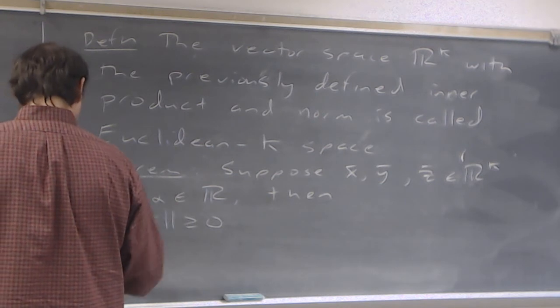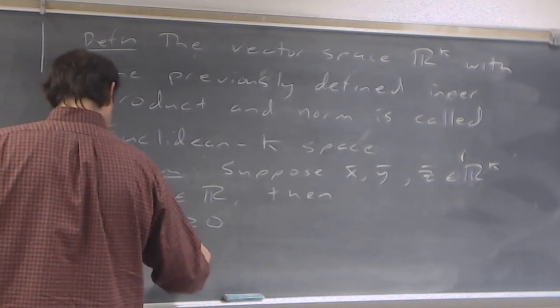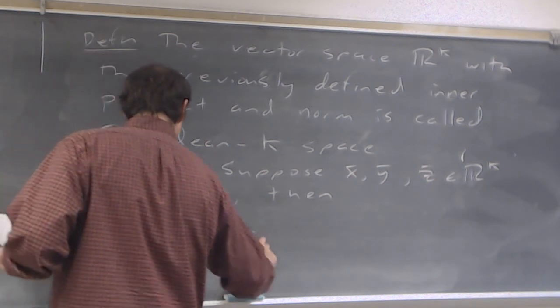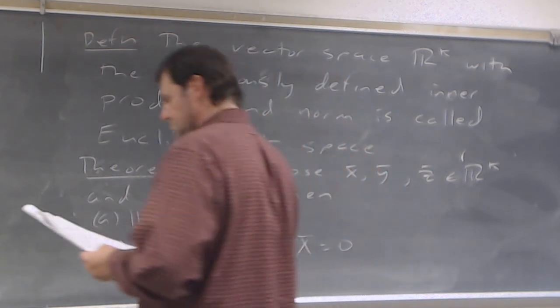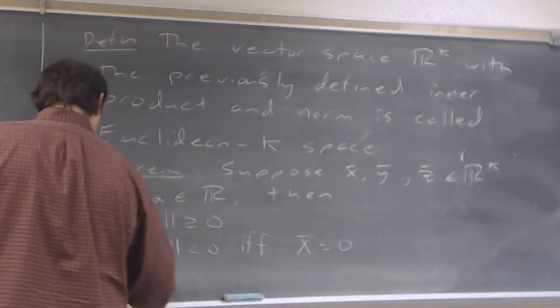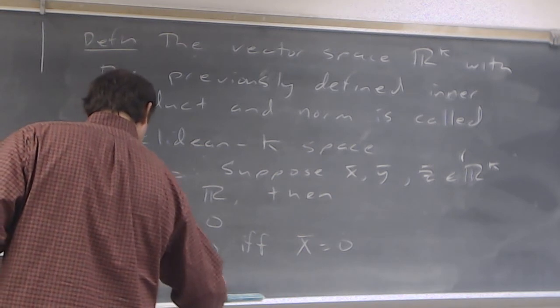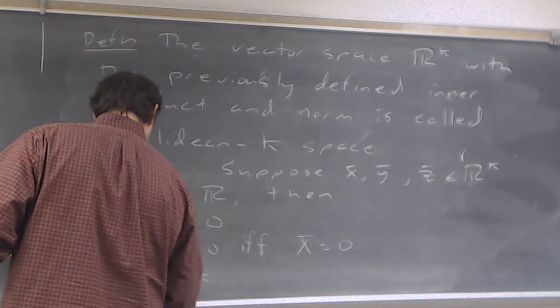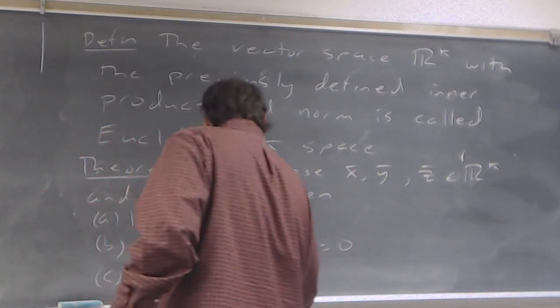And another property is the norm will be equal to 0 if and only if x bar is 0. C, the norm of alpha times x is equal to the absolute value of alpha times the norm of x.